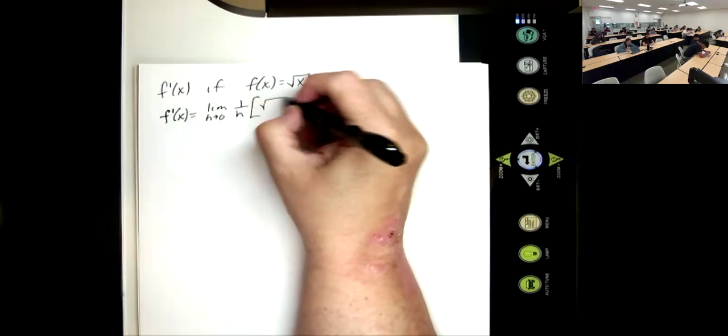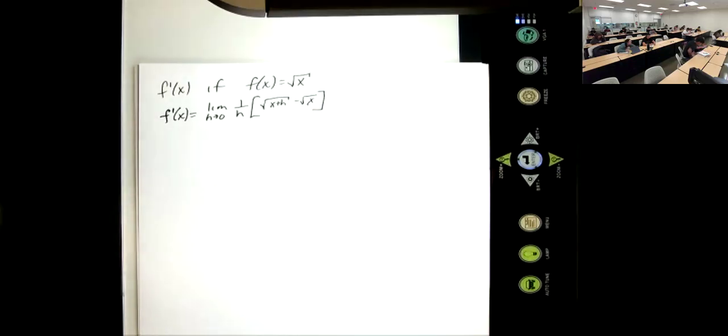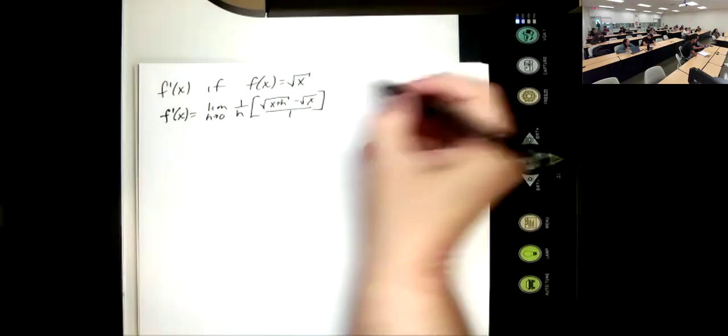We got square root of x plus h minus square root of x. If I plug in h equals 0, I have 0/0. So how did we deal with square roots when we were doing limits last chapter? Redo this fraction. Multiply by the conjugate. Yeah, let's do that.